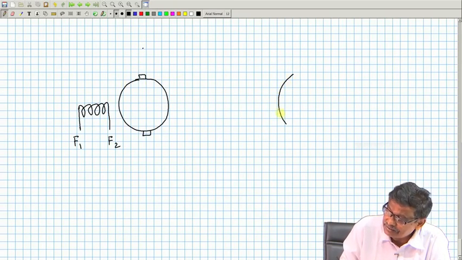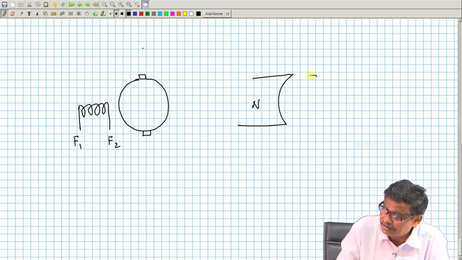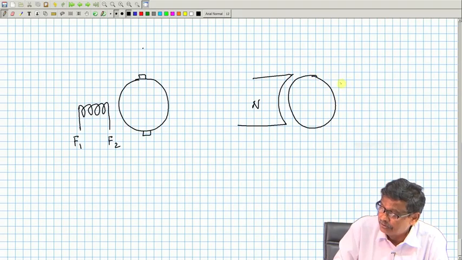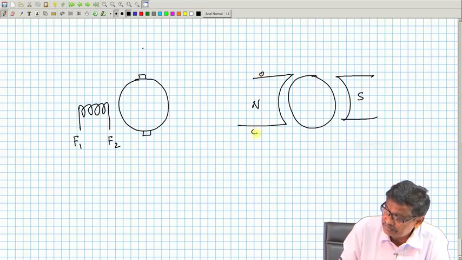Let me draw here also the poles, so that you then get the idea of the term. These are called main poles, north and south, created by field coils. This is the quadrature axis.